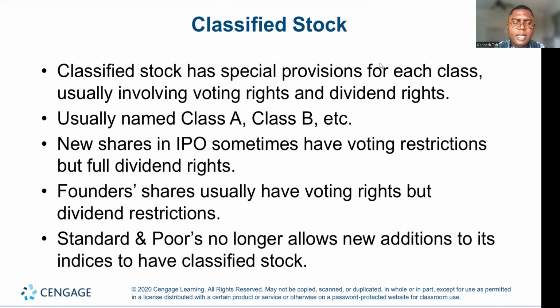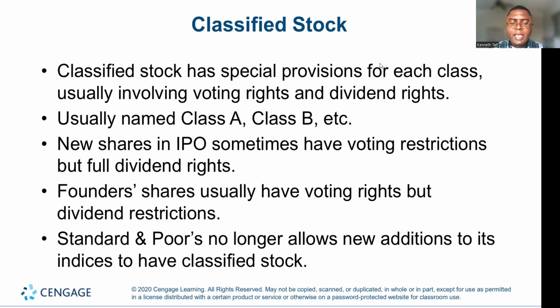Those who hold this kind of stock are founders, so they tend to have more voting rights than those who hold Class B. But there is a restriction on the amount of dividend that they can pay, because if they have voting rights, they can vote themselves a large amount of dividend. So they have restrictions. That's the difference between Class A and Class B.